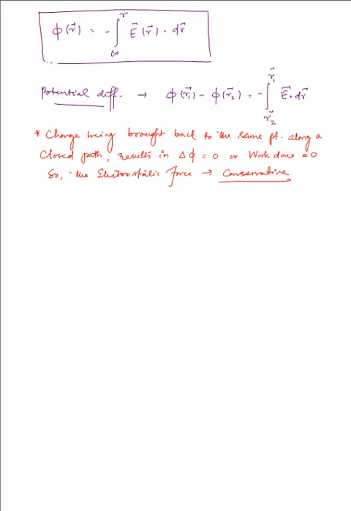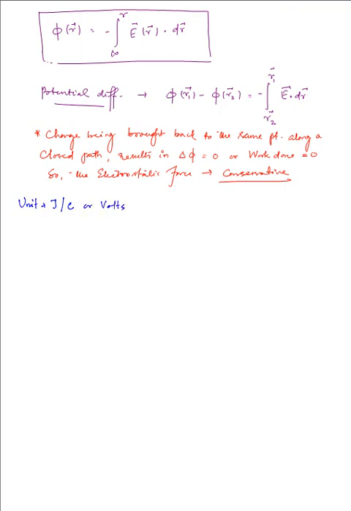Now the units of the electric potential in the SI system, or the MKS system, is joule per coulomb, that is the work done per unit charge, and that is also called the volt.